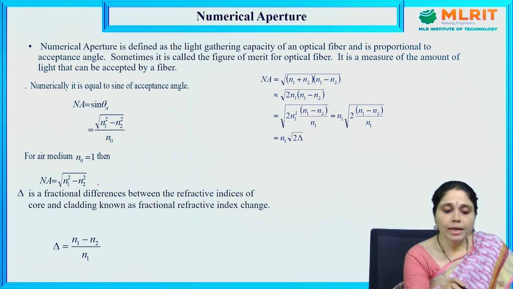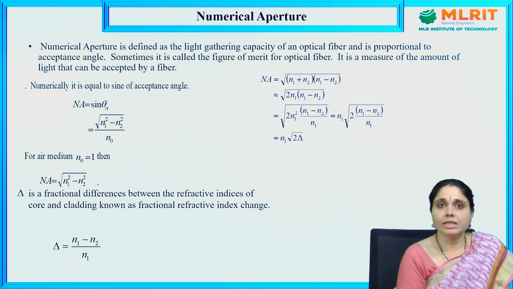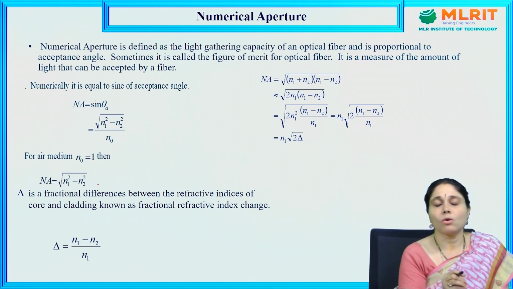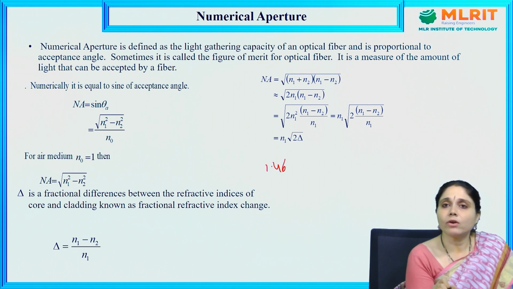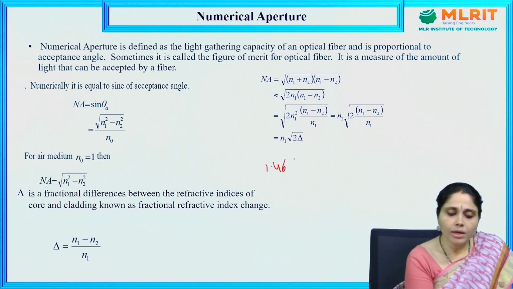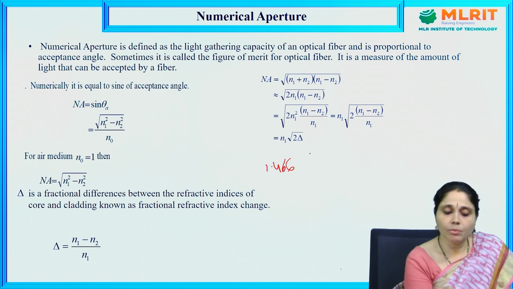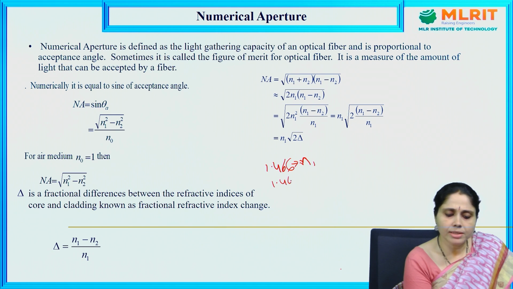Now, let us do some small calculations in order to get the fractional difference between the refractive indices of core and cladding. There will be a small difference between the refractive indices of core and cladding. Let us suppose the refractive index of core N1 is 1.466, then the refractive index of cladding N2 will be 1.46.